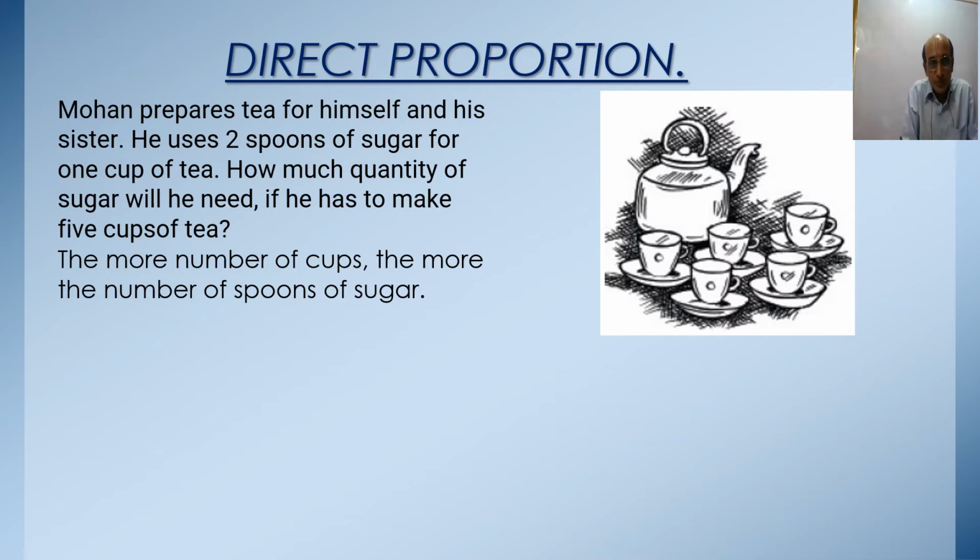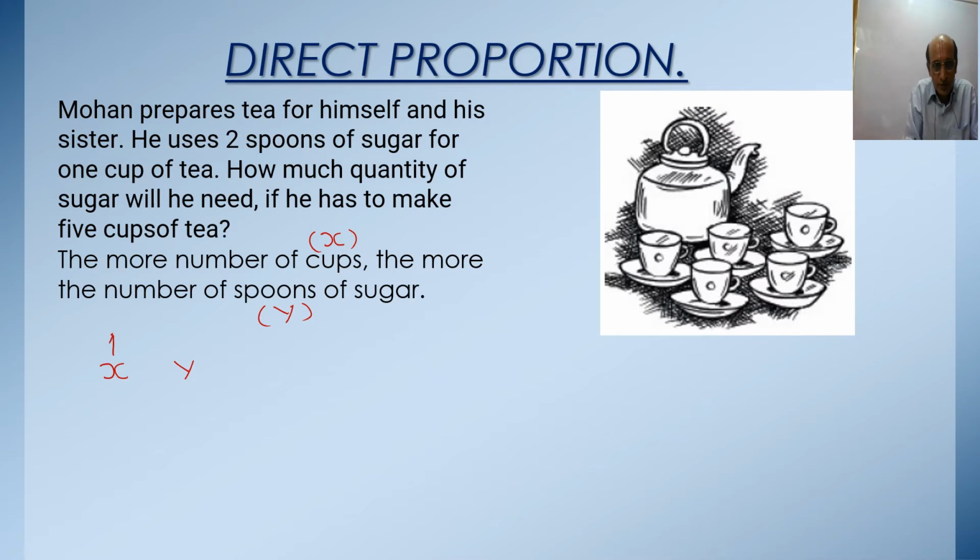So suppose the number of cups we indicate by X, and the number of spoons of sugar required we indicate by Y. So we know that here, if the number of cups of tea increases, more spoons of sugar will be required.